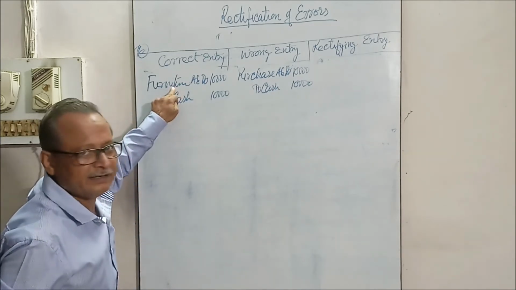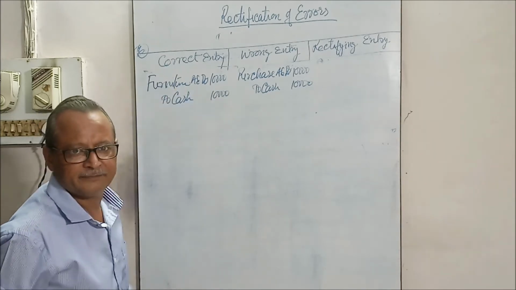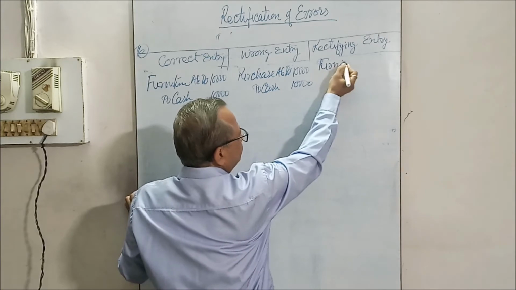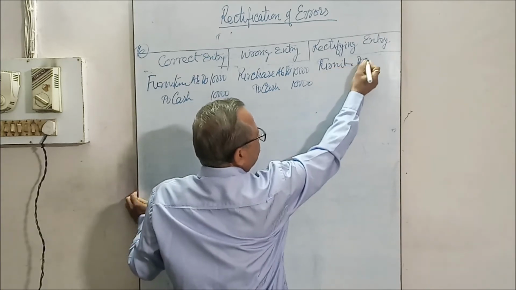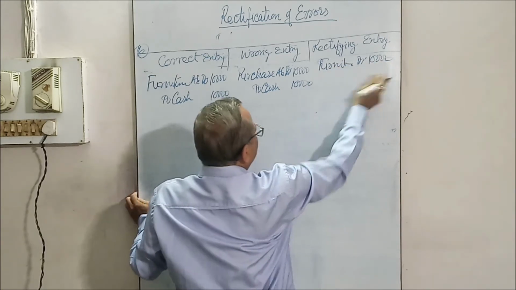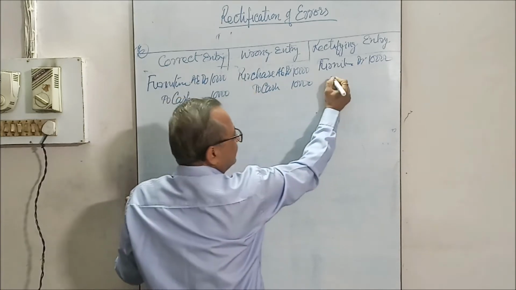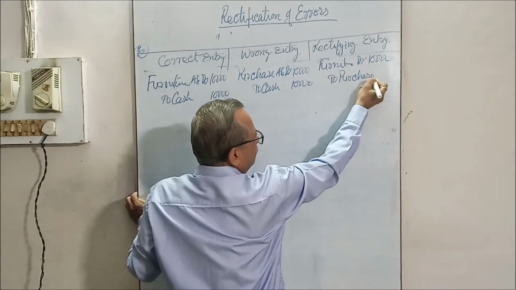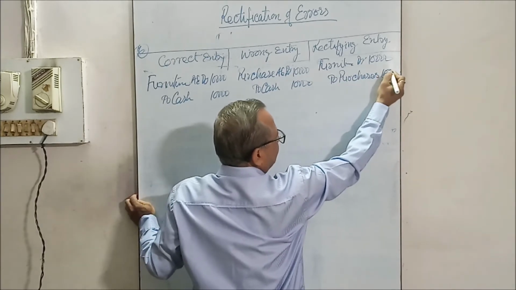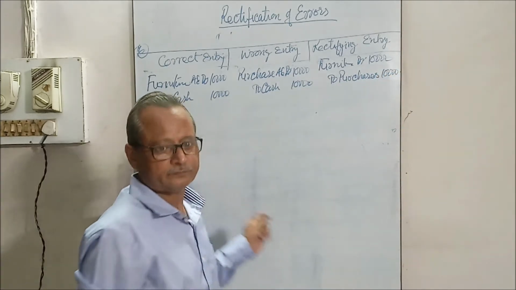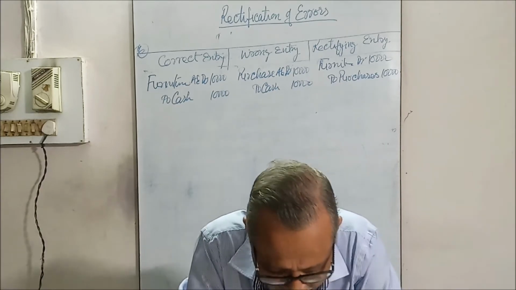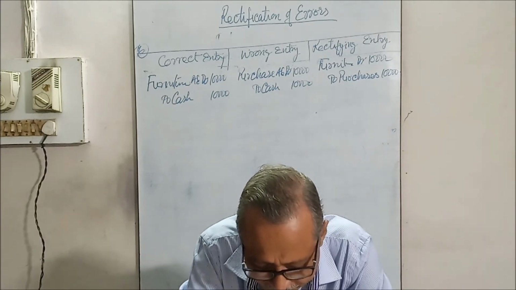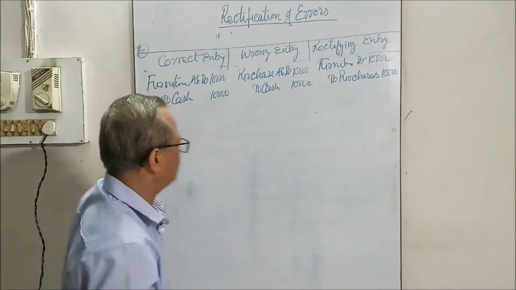Only furniture and purchase are involved. So debit the furniture 10,000. Purchase should not be debited, so credit it. To purchases, 10,000.